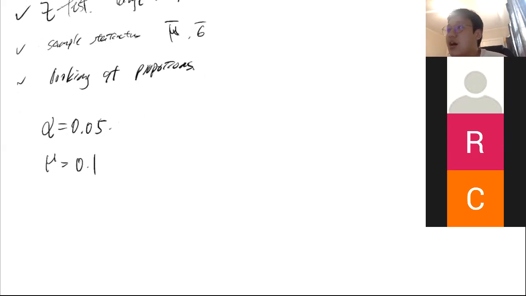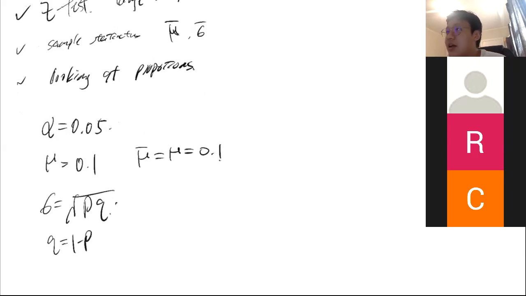And so we know that mu bar is equal to mu, which is 0.1. Since we are dealing with a proportion, and a proportion itself is just a Bernoulli variable, the standard deviation is the square root of PQ, where Q is 1 minus P. In this case, it is the square root of 0.1 times 0.9, which is 0.3.